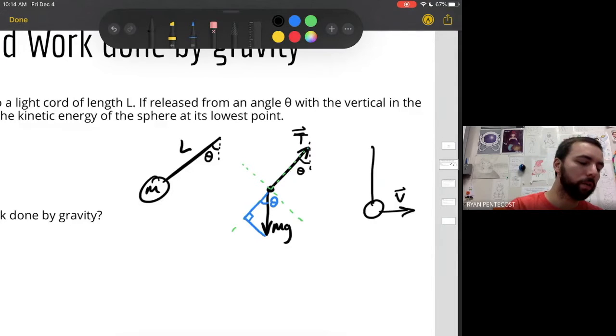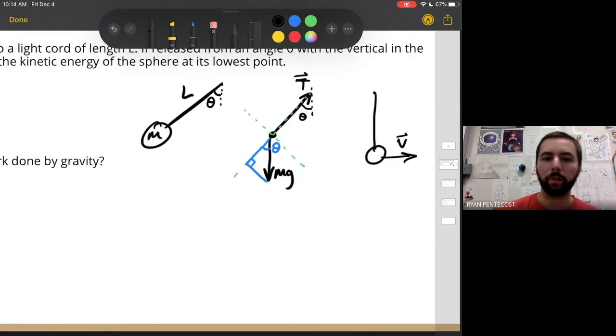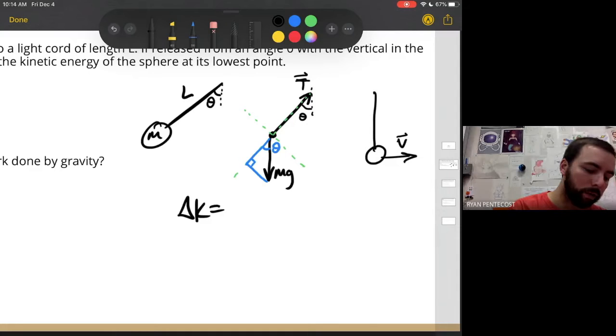So the two works, because we're going to use the work kinetic energy theorem to find this. If we use the two works that we have to get our delta K, we have the work of mg, and we'll just call that the work of g. And then we have the work done by tension.